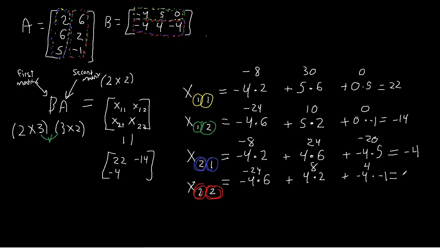So we do the math on that, we should get negative 12. Because 8 and 4 is 12, positive 12 plus negative 24, negative 12. And so we do that, and we are done.